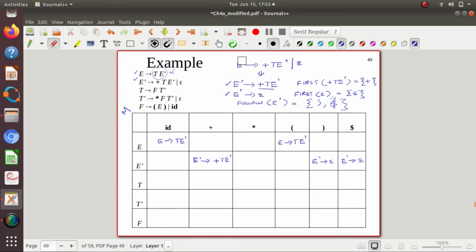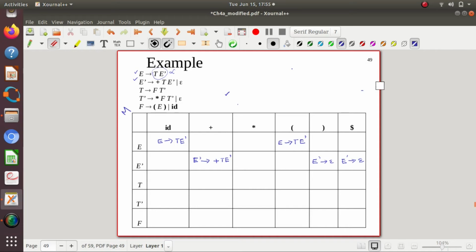Now we can consider the next production, that is T gives F T dash. In this case alpha is equal to F T dash, so first we have to compute the first of F T dash. What is there in first of F T dash?